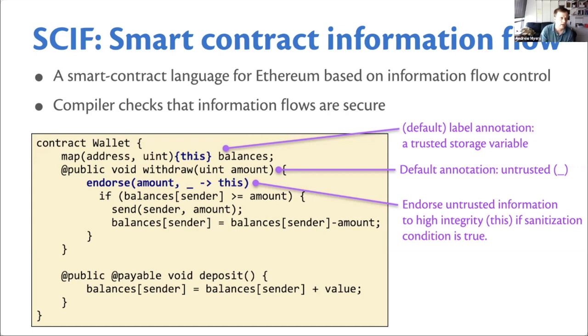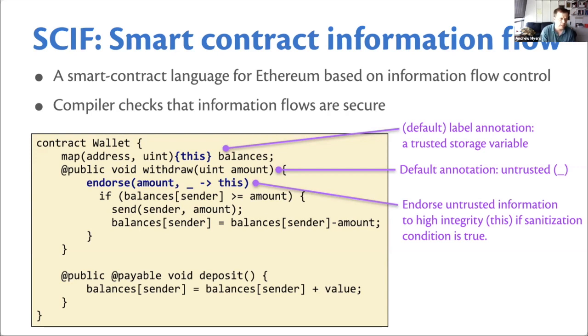So here is how we might start to write code for a simple wallet contract, which you can think of as similar to a core piece of the DAO. Here we have a set of balances, which are a map from addresses to the balances of different users. And then there are functions withdraw and deposit that allow us to withdraw and deposit money.